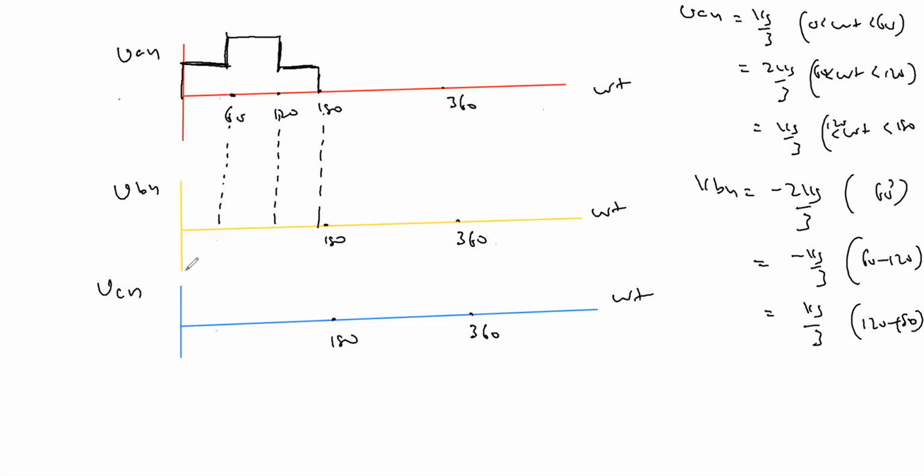So minus 2Vs by 3. 60 to 120 minus Vs. 120 to this.